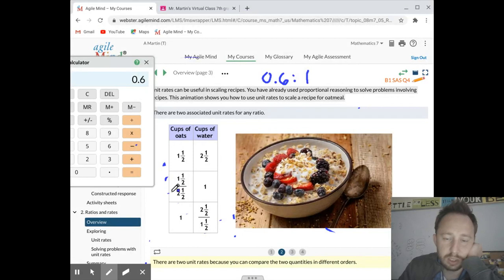So that's what this is. Like once you work this out, this is 0.6. This equals this, in other words. So that's saying that 6/10 of oats would be used with 1 cup of water to make the oatmeal taste right.